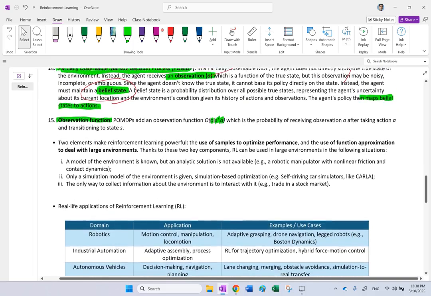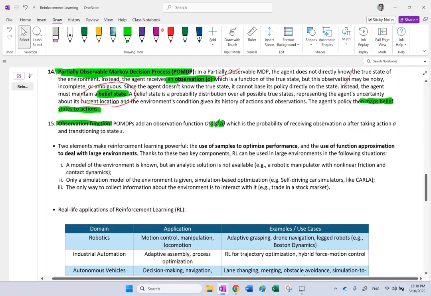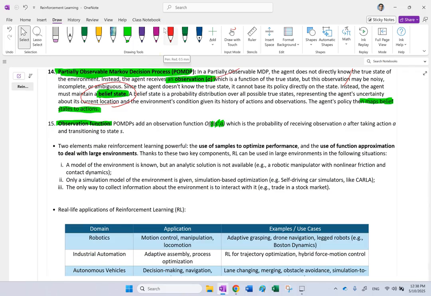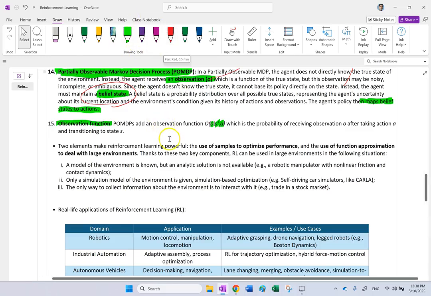Okay, so these are the 15 important initial terminologies that I wanted to tell you about reinforcement learning. Now, two extra things that we need to talk about before we finish this video. One, why is reinforcement learning so great and powerful? Because if you look all over the place, you see it.